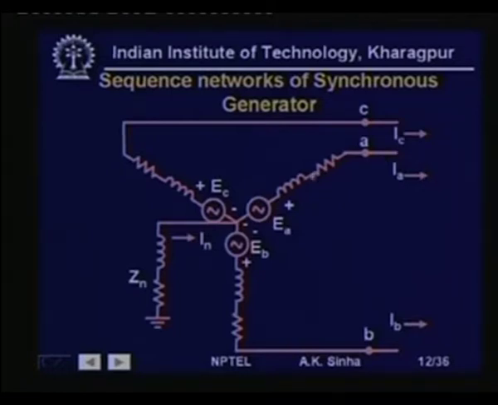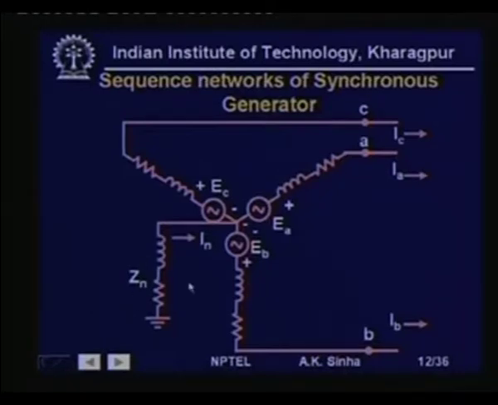Here we have current IA flowing through phase A, IB through phase B and IC through phase C, and we have the impedances ZA, ZB and ZC for this. The neutral of the generator is grounded through an impedance Zn, and a current In is flowing in this direction through this grounding impedance.